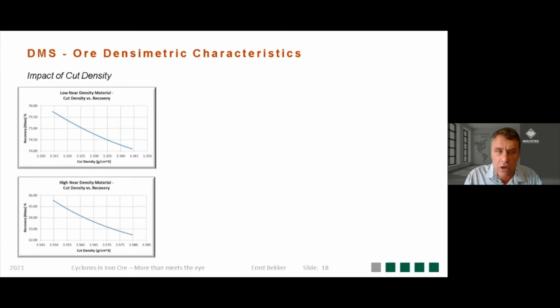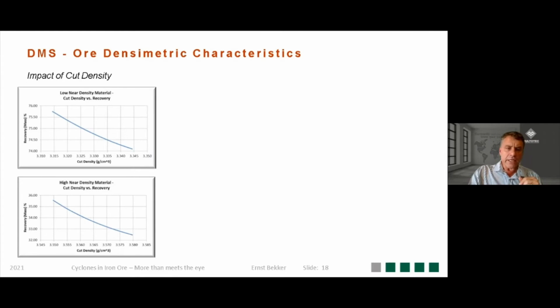Going back to the lower near density material, because that was also an additional evaluation requested by the client, the cut density was changed from 3.315 to 3.345, a 0.03 density difference. So it's not a big difference in terms of how much the cut density can drift.